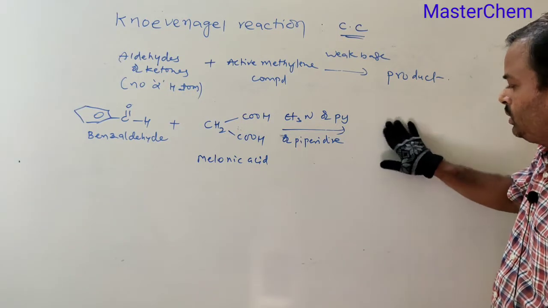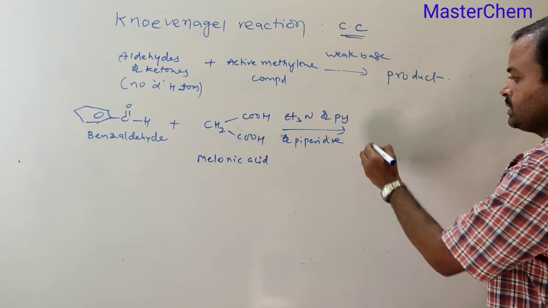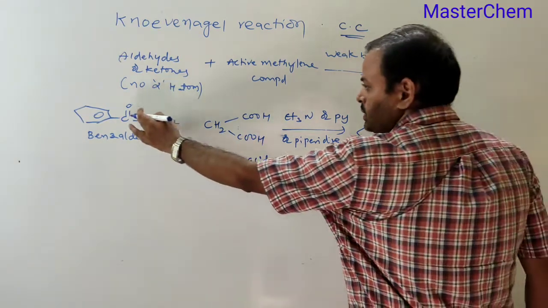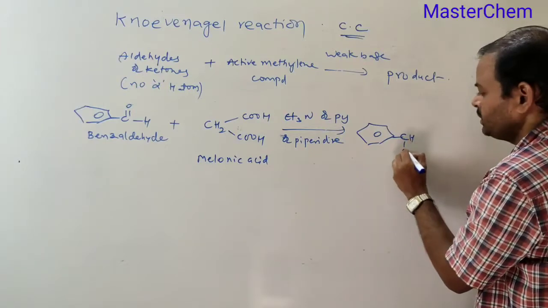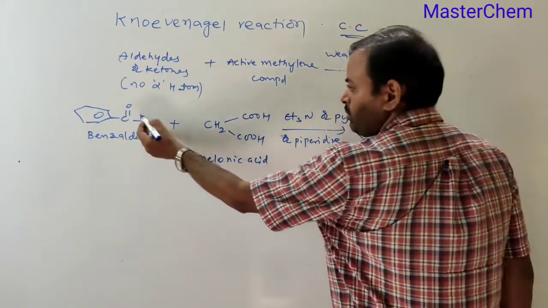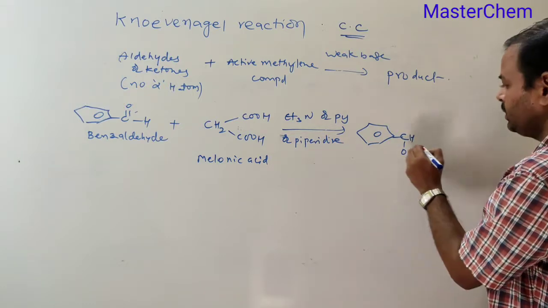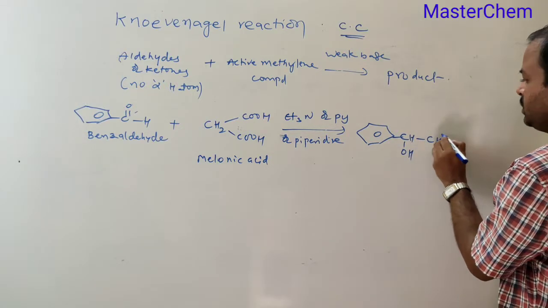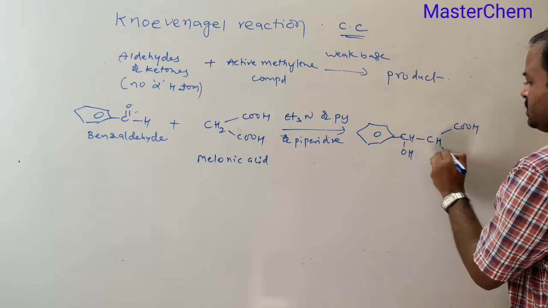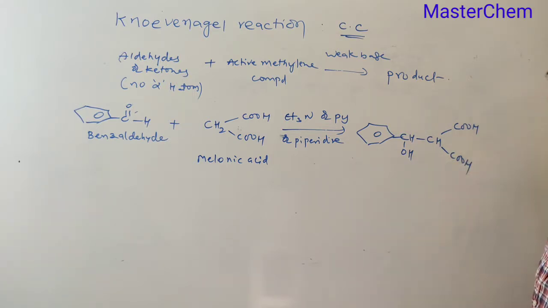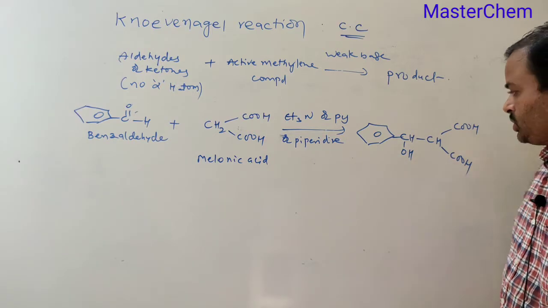How to write this product? First the C double bond O group converts into CHOH, and a bond will be formed between this carbon and the active methylene carbon. So that is CH, COOH. This is the compound formed by this reaction.